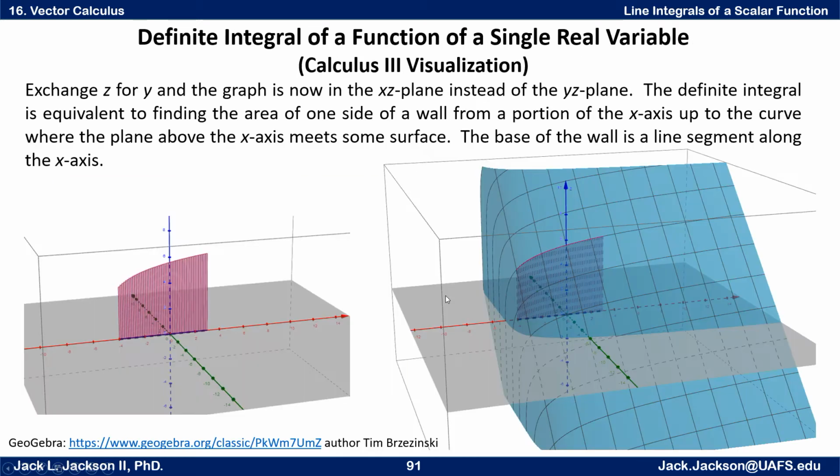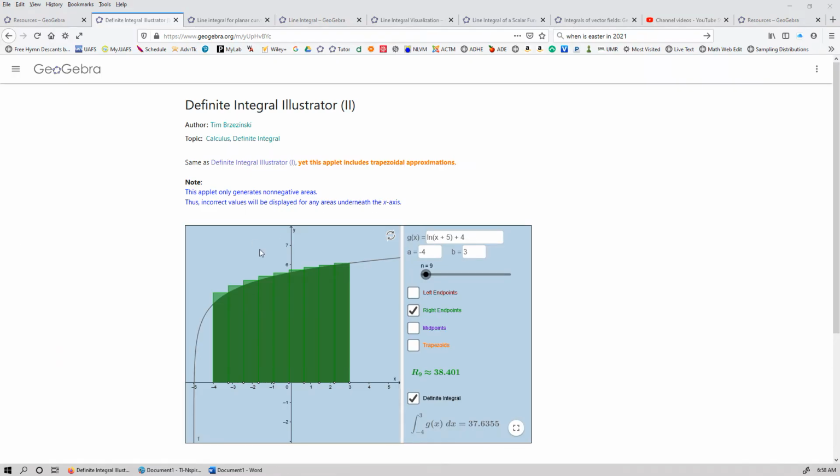Okay, we can look at it here. Here's our formula, natural log of x plus 5, plus 4. These are right Riemann sums, and you can see me going through there, getting more and more rectangles. You can see that limit process sort of in play.